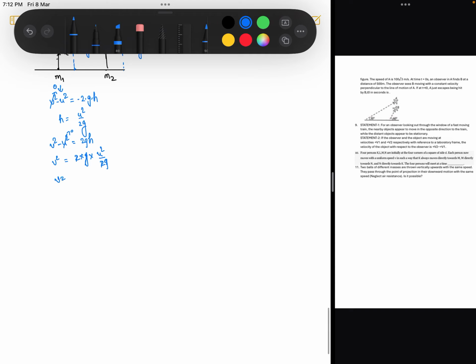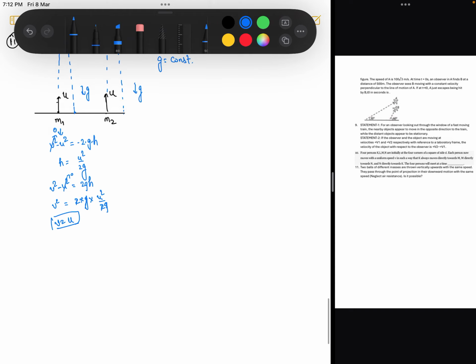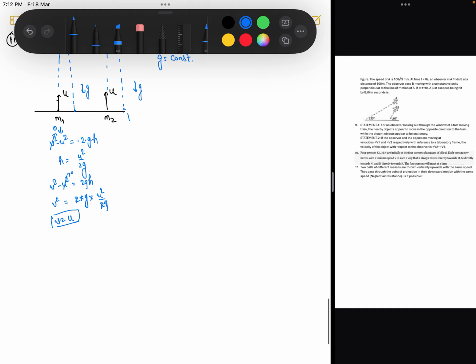So v will be equal to u for both the particles. Similarly for this particle, at this point v will be equal to u. So we can say this statement is correct: both the balls will have the same velocity when they pass through the point of projection.